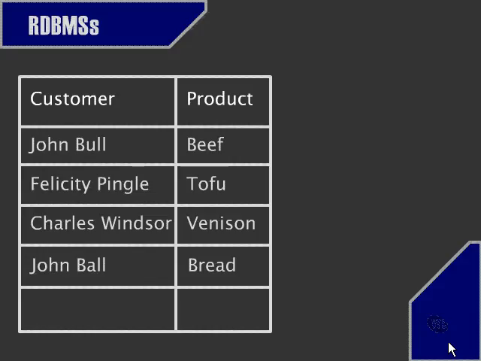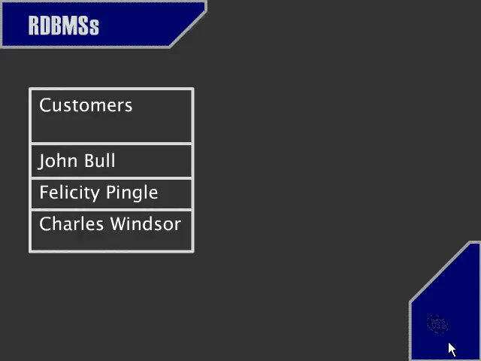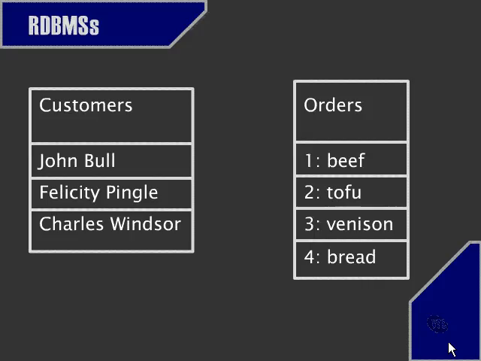If we replace this with a relational scenario, then we have a much different and more flexible system that has much less scope for that kind of error. What we do is we separate the customers into one table and the orders into another.